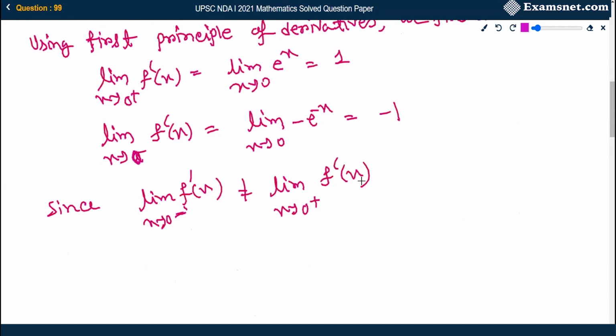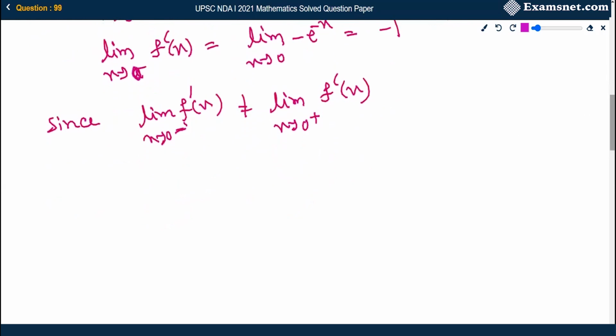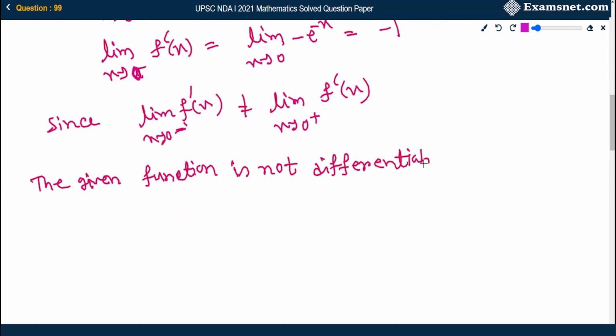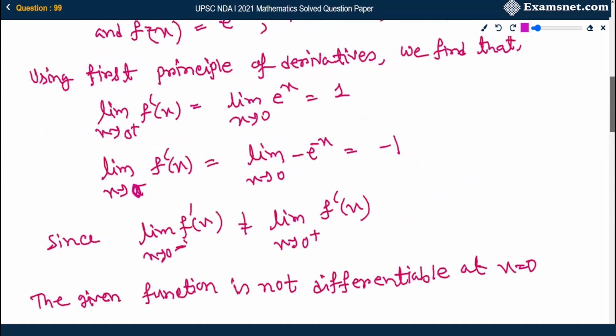So the given function is not differentiable at x equals 0, or we can say f dash x doesn't exist.